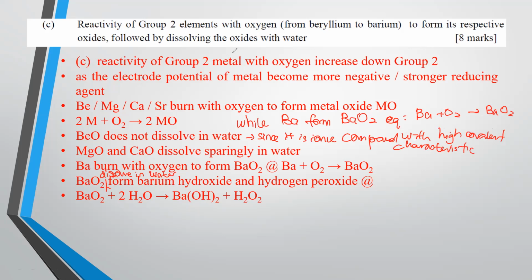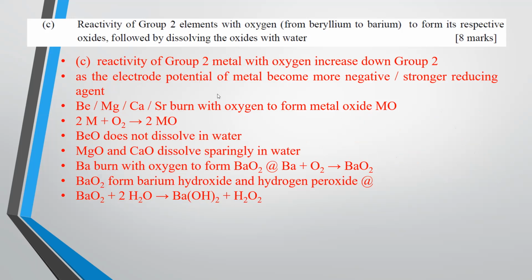And then strontium oxide dissolves in water to form strontium hydroxide. So these are all the key points that you might want to try your best to write as completely as you can whenever you are answering all these essay questions in here. So that is for question number 3.